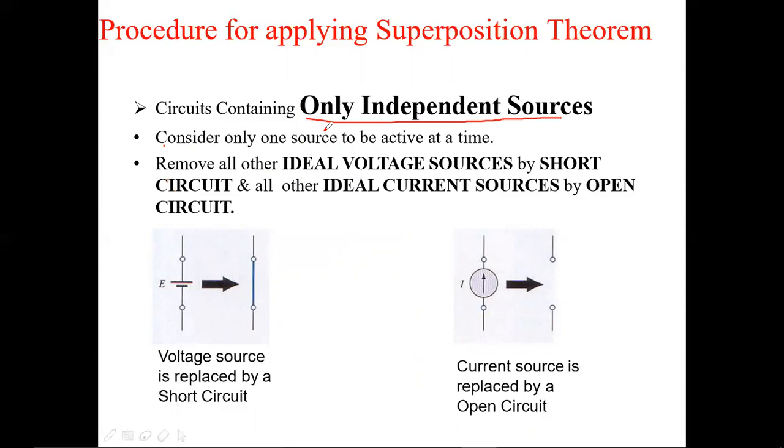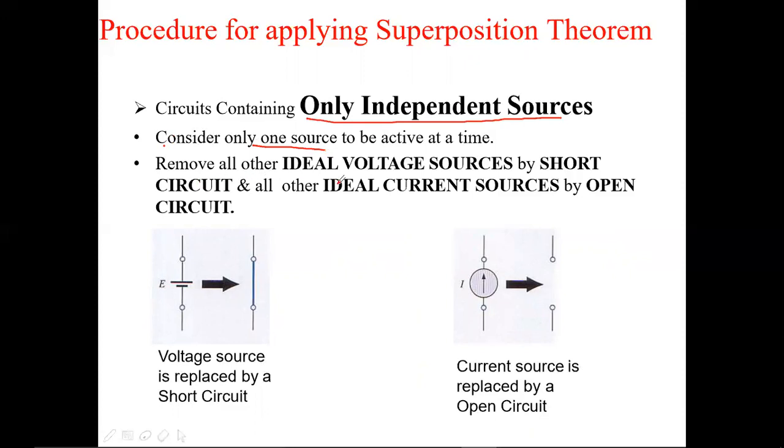Write it down, please. Second point, consider only one active source at a time.